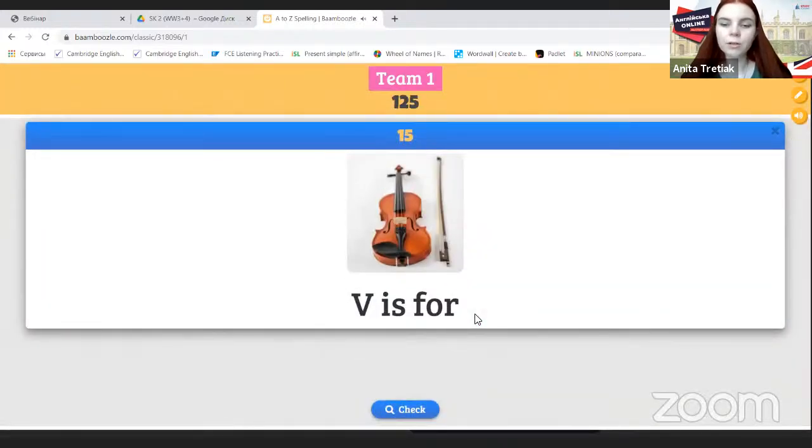V is for. Do you know this music instrument? Yeah, I'm pretty sure you know. And that's true. That's violin. You were right.